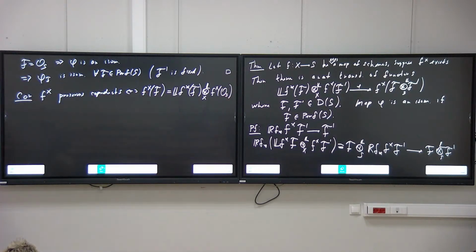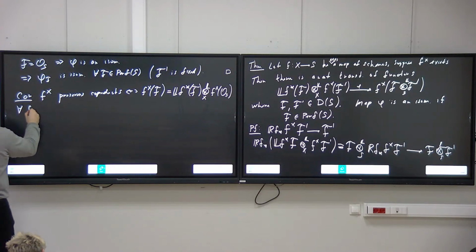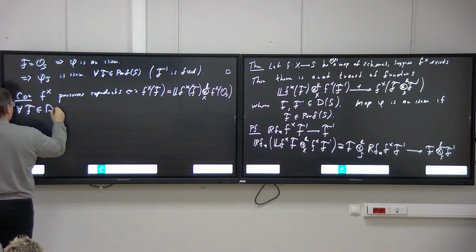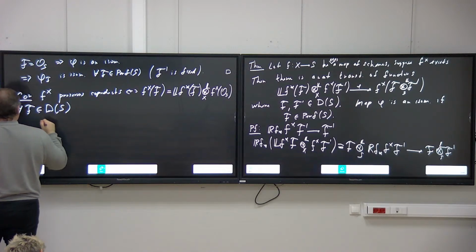So in the special case when f with the cross preserves coproducts, you can reduce computing this functor to just computing f with the cross of the structure sheaf, right? And this is of course the case for any f which is perfect in the derived category of this. Okay.